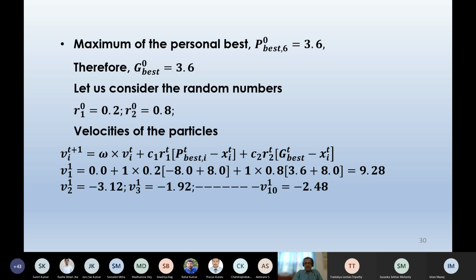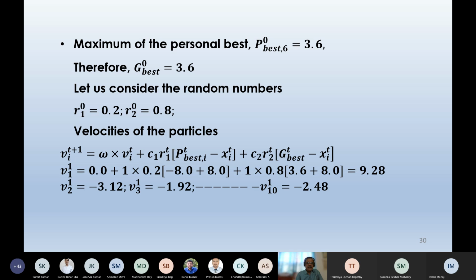Each solution has its own personal best. Now we compare all the personal best values to find the global best. If there are 10 people working in the same field in the world, their performances are compared to declare who is the global best. So G best with respect to 0 is 3.6.